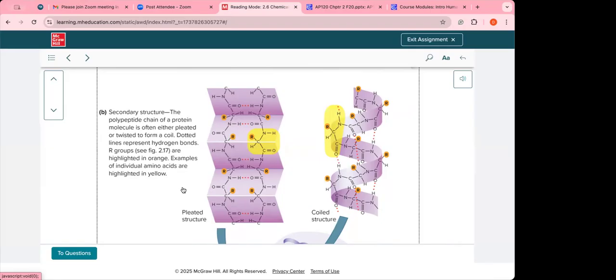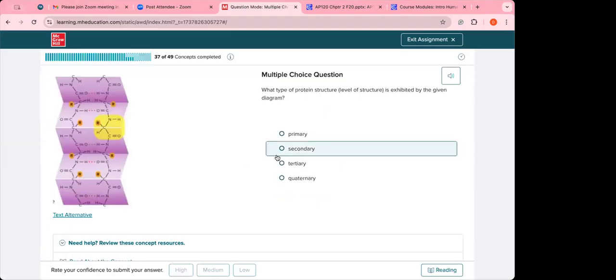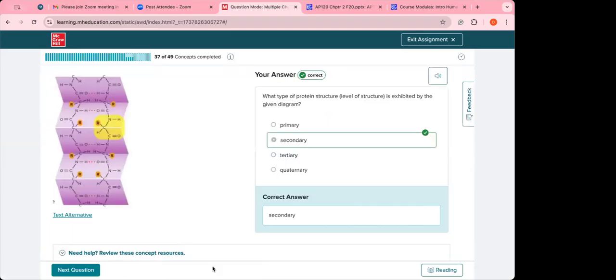Examples of individual amino acids are highlighted in yellow. So the pleated structure is secondary. The pleated or coiled structure is a secondary structure. So it's secondary. Okay, cool.